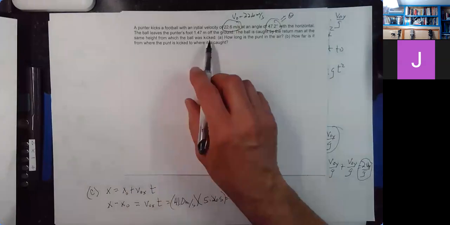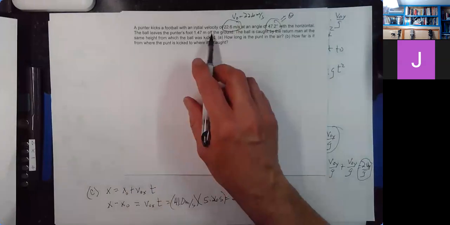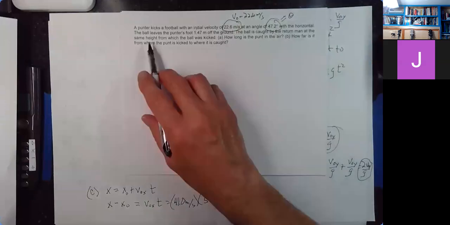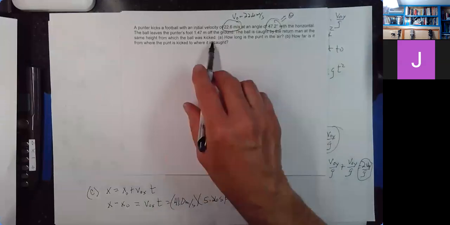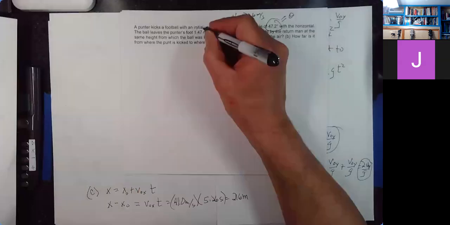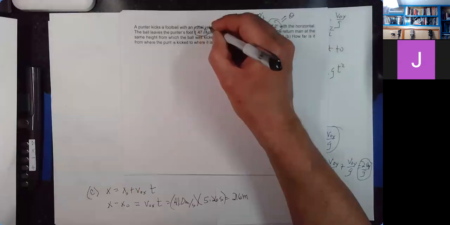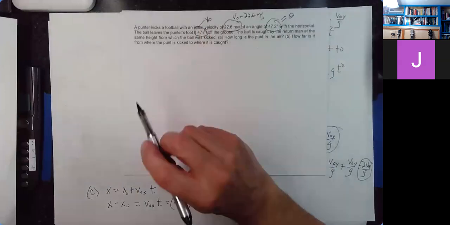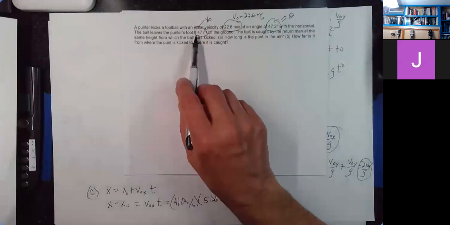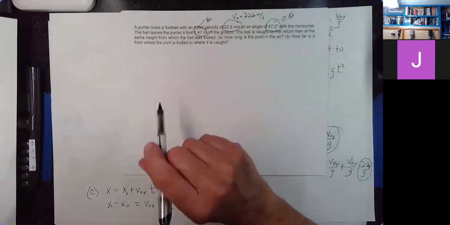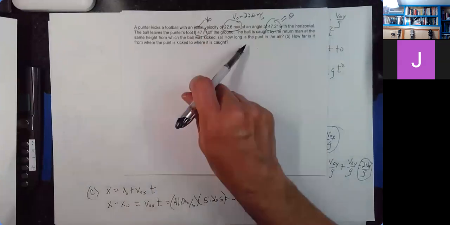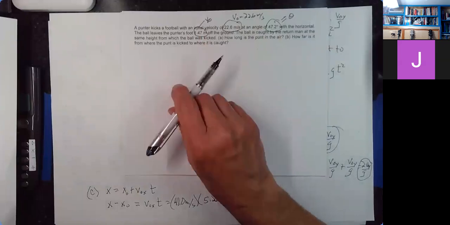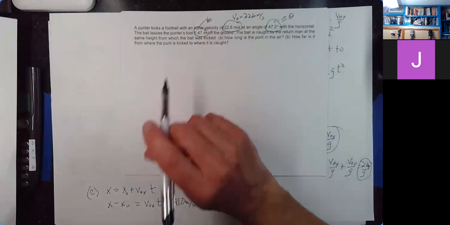Okay, leaves the punter's foot 1.47 meters off the ground, it's caught by the return man at the same height from which the ball was kicked. So I could call this y naught if I want to, but turns out y final is also equal to that thing. Okay, then it asks, how long is the punt in the air? And then how far is it from where the punt is kicked to where it's caught?